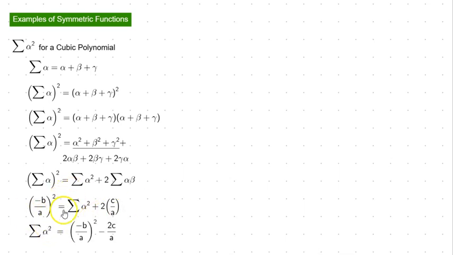We get sigma alpha square is equal to minus b by a the whole square minus 2c by a. So what have we achieved here? We have written sigma alpha square in terms of the coefficients of the cubic polynomial equation. Okay, now let's look at the next one.